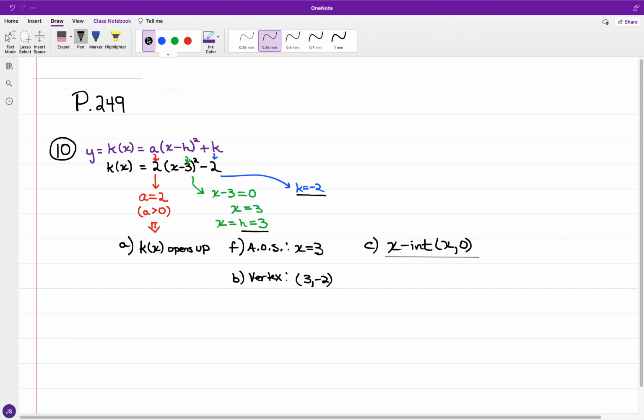Now for this function, y is represented by k of x. So I will set this equal to 0. And we have 0 is equal to 2 times the square of x minus 3, followed by the subtraction of 2.